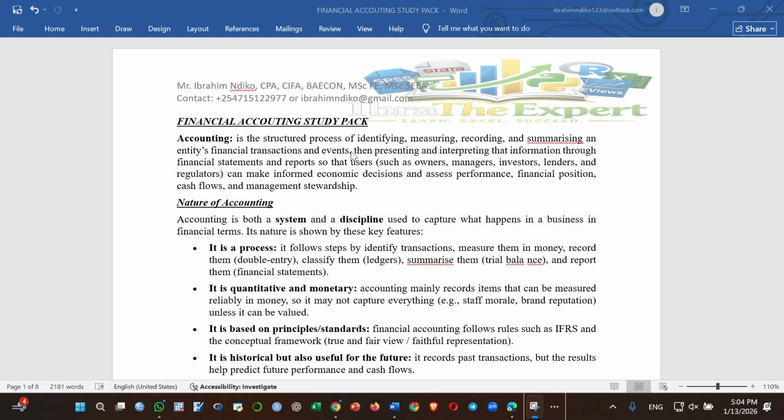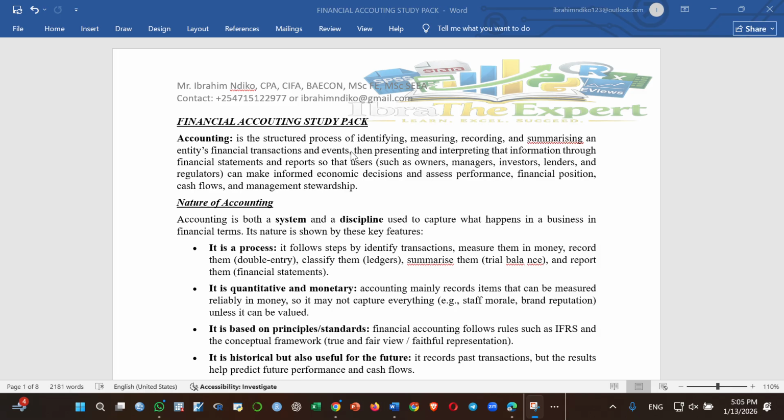Then we present those information and interpret them so as to come up with a financial statement. So we have two parts of the definition. The part number one for accounting is the process of identifying, measuring, recording and summarizing the financial transactions and events. And then the second part is we present and interpret that information through a financial statement. So a financial statement is a structured report that is prepared by an accountant, so as to do what?